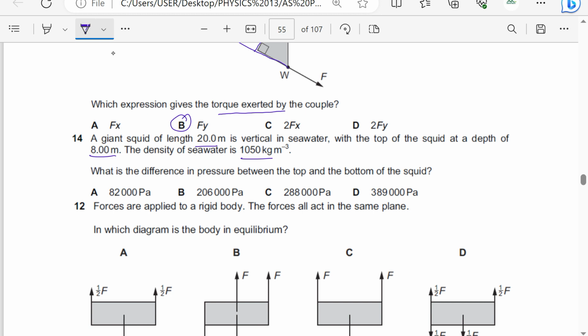So we know that pressure due to a liquid is given by the depth times density times g. The squid is vertical in seawater, the top is at a depth of 8 meters, and we want the difference in pressure between the top and the bottom.